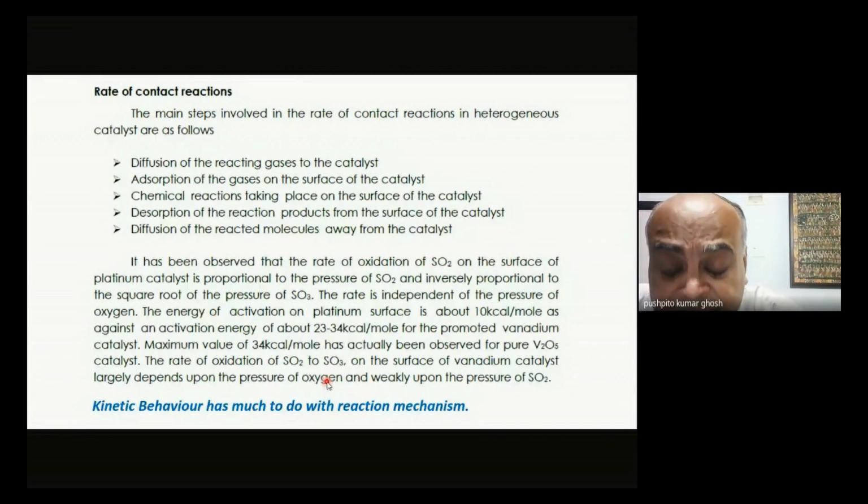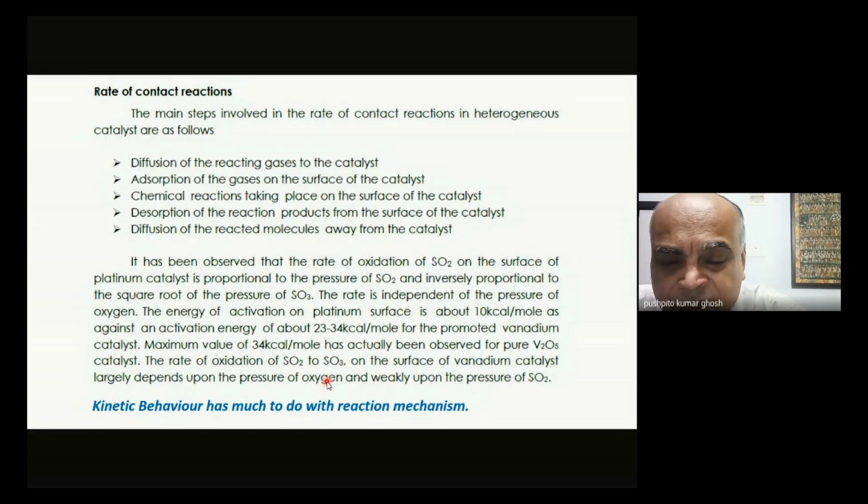Very good. In the case of vanadium pentoxide, right? Yes, sir. Right. Now, obviously, if you are saying that it requires a fair amount of oxygen, what you are also saying is that the SO2 concentration will relatively be lower. Yes, sir. Right. Obviously, by inference, that's what I'll say.